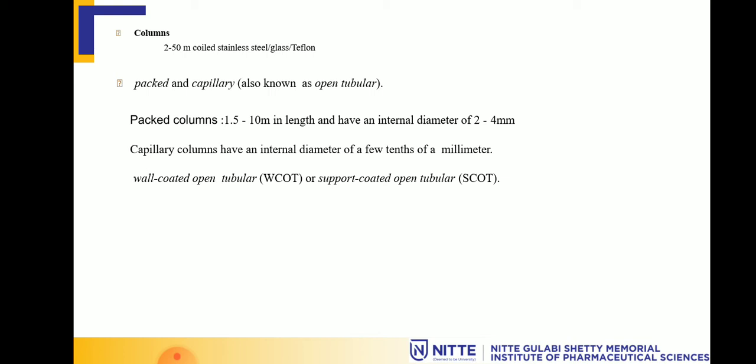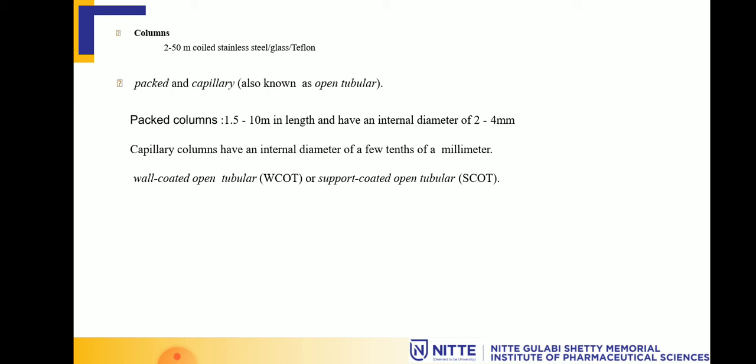So what is the difference between WCOT and SCOT? Wall coated columns are simply a capillary tube coated with a thin layer of stationary phase. In SCOT, the inner surface of the capillary is lined with a very thin film of a support material, diatomaceous earth, which gives much better separation, increasing the efficiency from WCOT to SCOT.